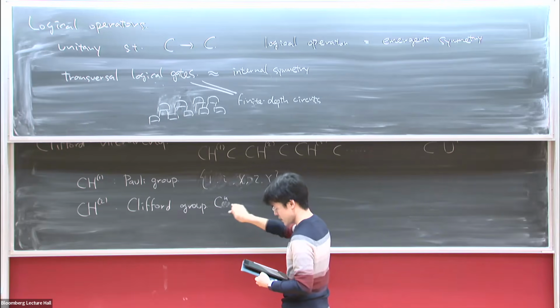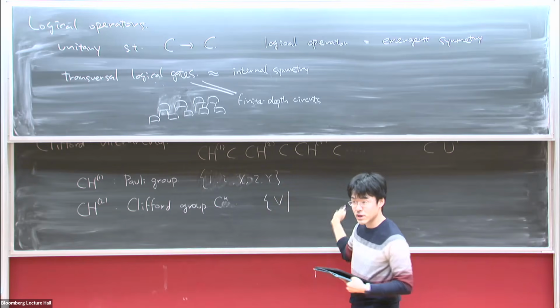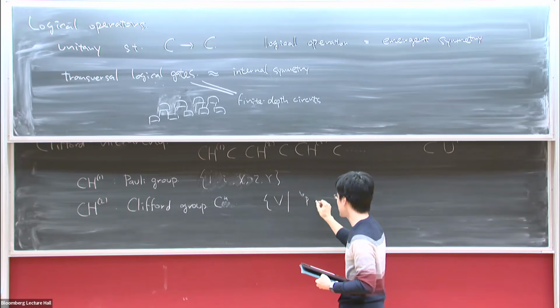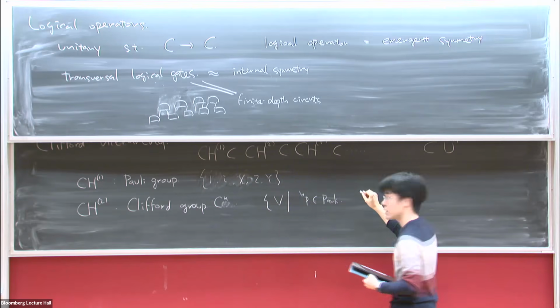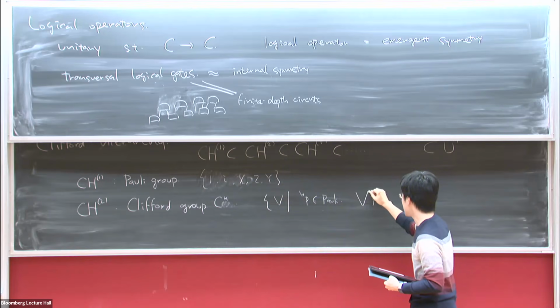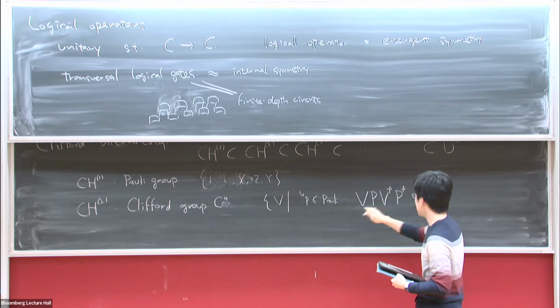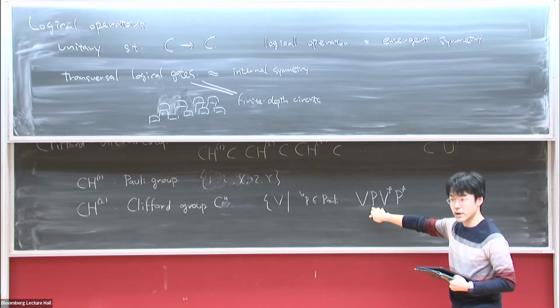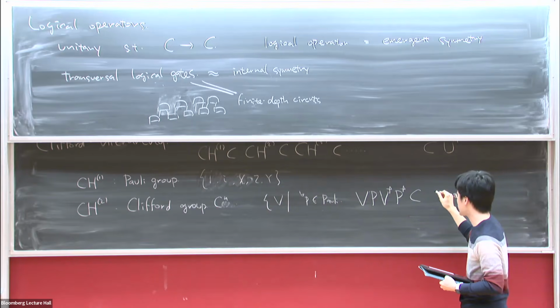This can be defined as the unitary operators which map Pauli operators to Pauli operators. For any Pauli operator, you take a commutator between this operator and any Pauli operator, and you get something again included in Pauli.